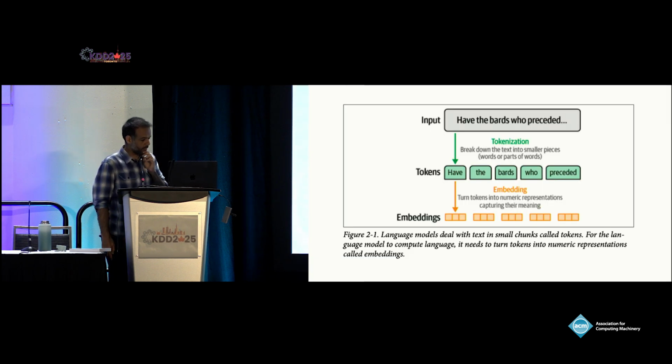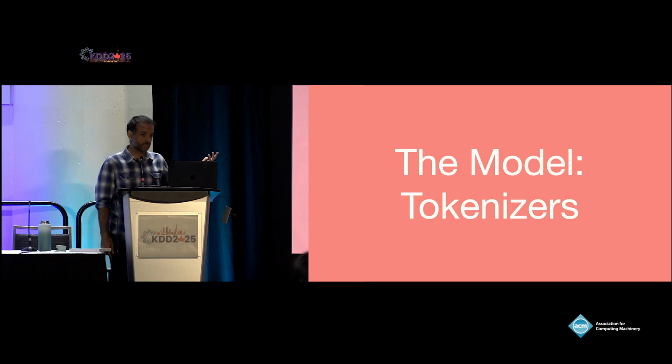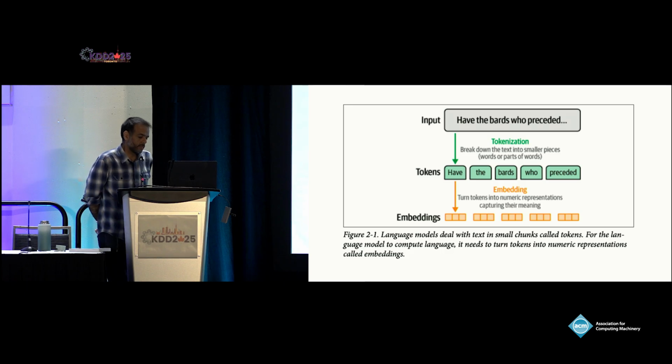So, a high-level overview of the model. We talked about the training process. We can touch on the model with any level of detail. But one of the more high-level concepts that are involved here is that we know that models take text, but before the model chews on the text, it needs to be broken down into tokens using a tokenizer.